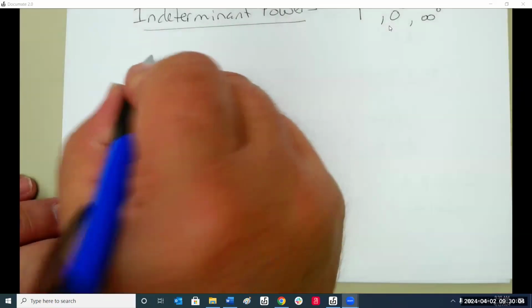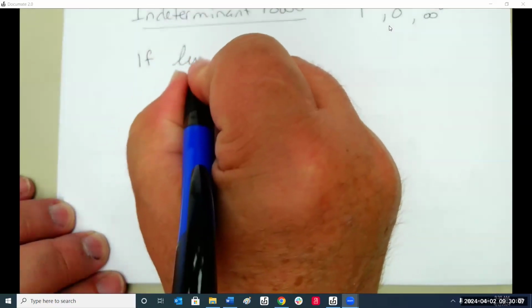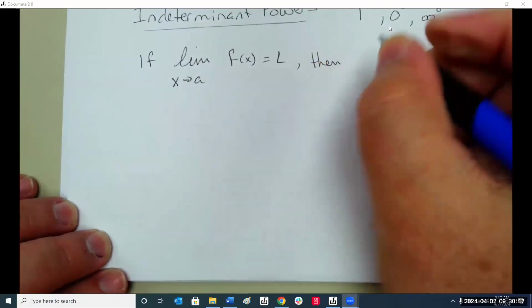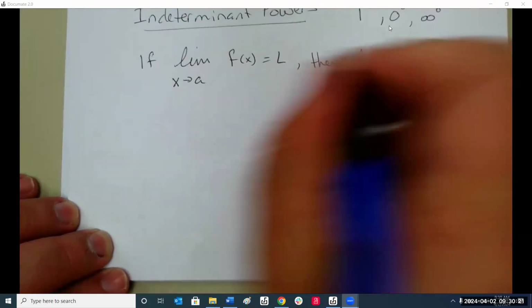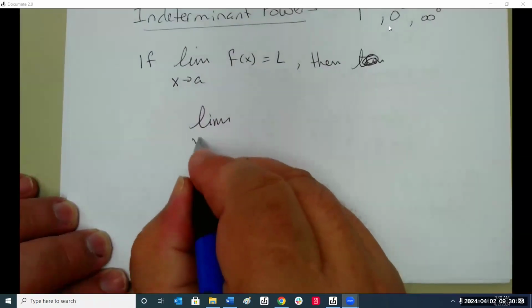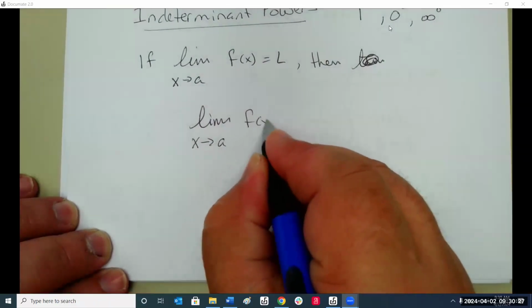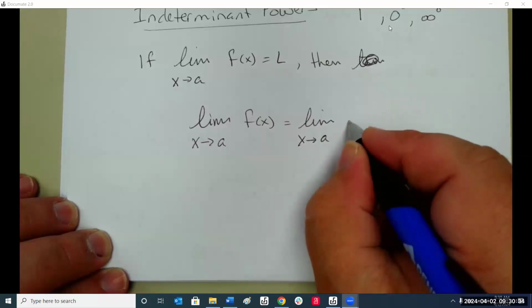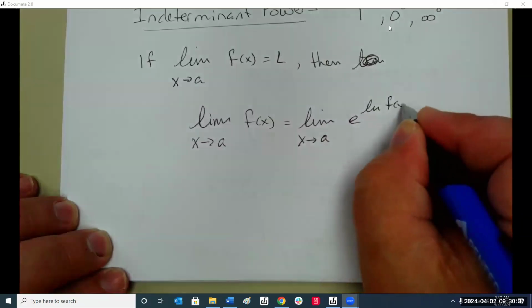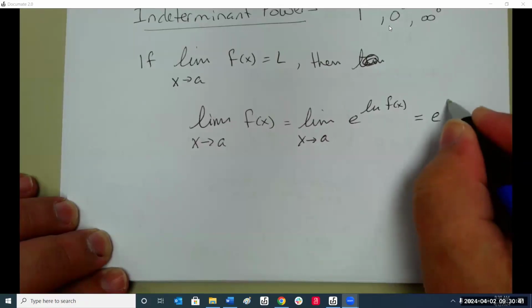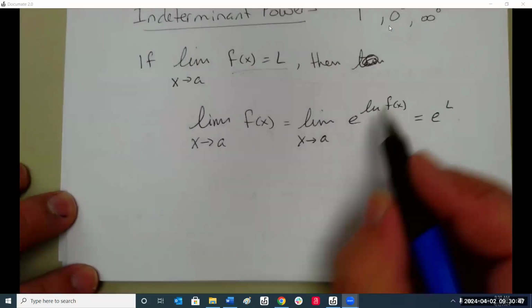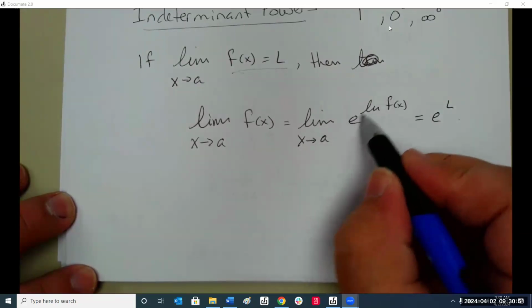So we'll be using this property. If the limit as x approaches a of f of x equals L, then the limit as x approaches a of f of x is equal to the limit of e to the ln of f of x, which is equal to e to the power L. If the limit of the function is L, then remember, e and ln cancel each other out.